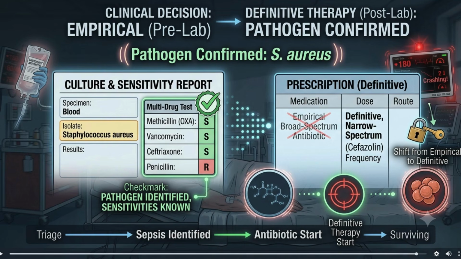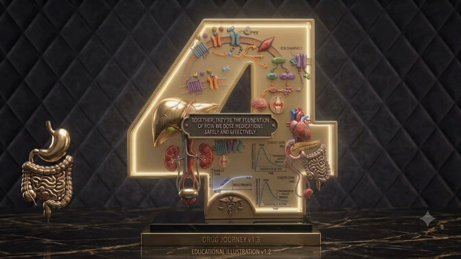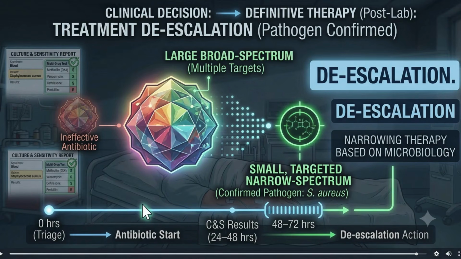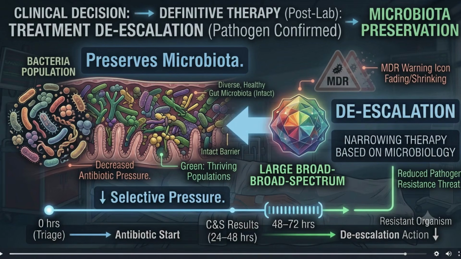Definitive, targeted therapy follows once culture and sensitivity results are available, allowing pathogen-directed, narrow-spectrum, and often lower toxicity therapy. 4. De-escalation. This is the pivotal antimicrobial stewardship concept, formally endorsed by IDSA/SHEA guidelines and covered extensively in Katzung.